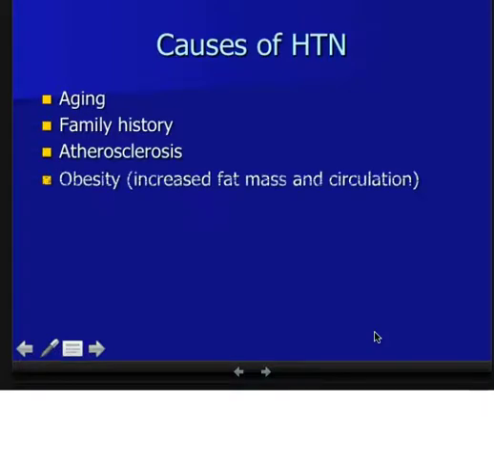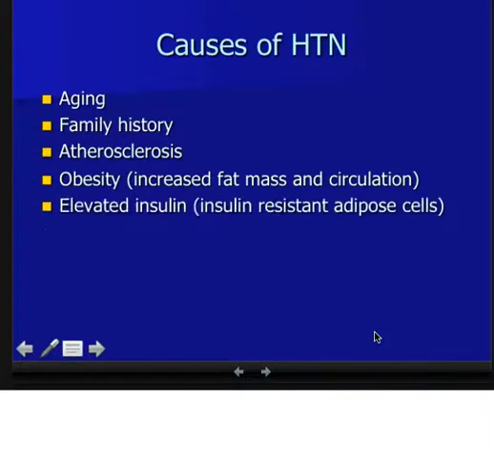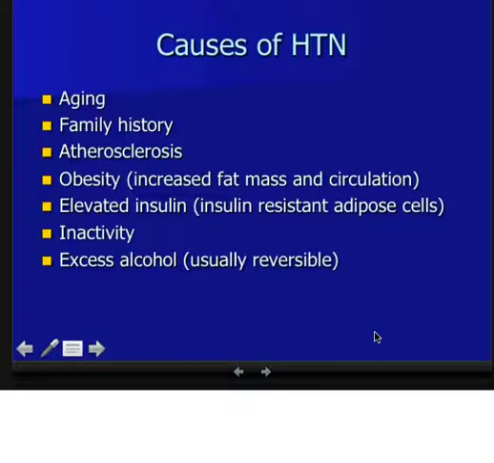Aging, family history, arteriosclerosis and obesity, elevated insulin, inactivity, excess alcohol intake. Of these, which can we control? Well, we can control obesity, we can control inactivity, we can control excess alcohol, and in a way, we can control arteriosclerosis and elevated insulin by modulating our diet.